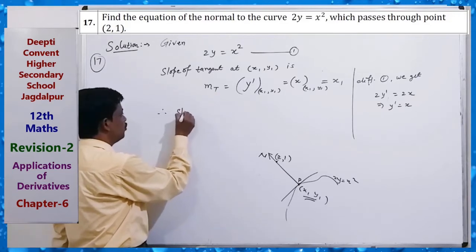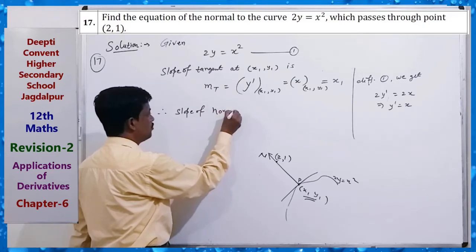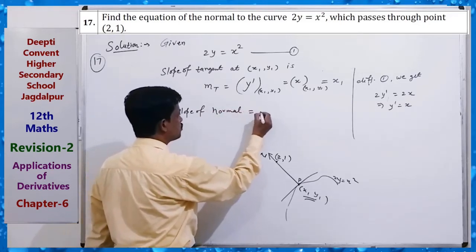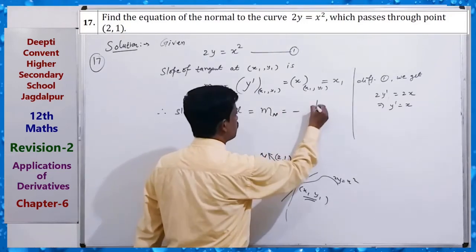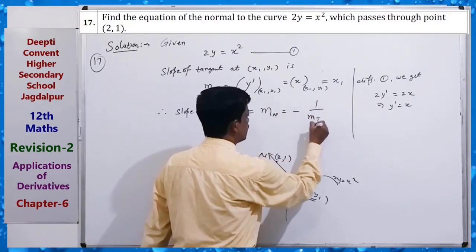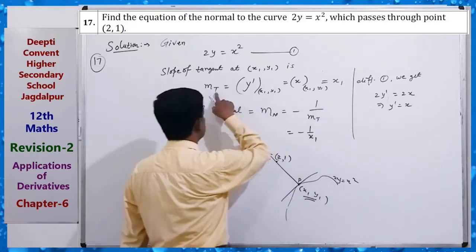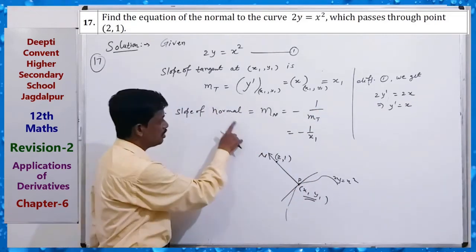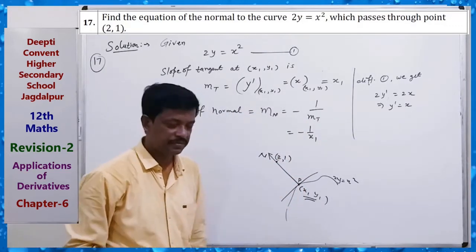Therefore, the slope of the normal equals minus 1 upon the slope of the tangent, that is minus 1 upon x1. So the slope of the normal is minus 1 upon x1. Clear?